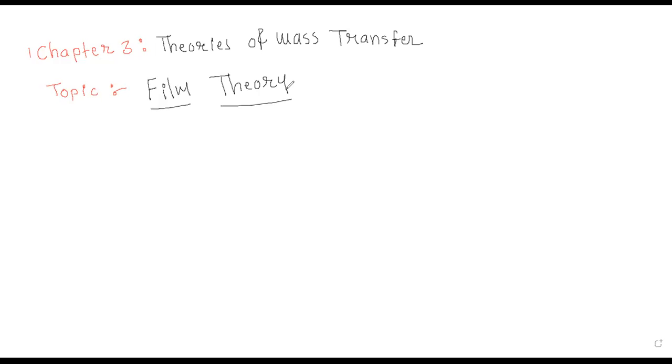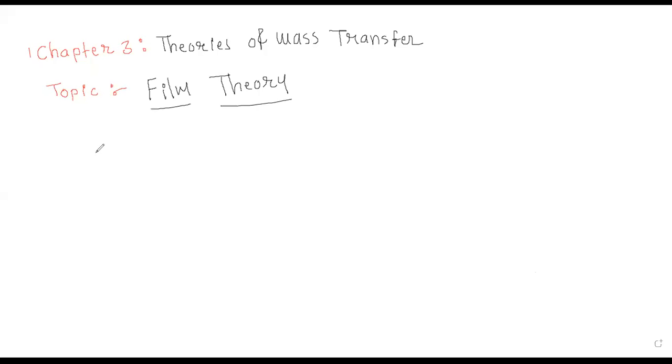Okay, so in film theory we said the concept of boundary layer. In other words, what we said in the previous lecture, for example, we have a solid material and the fluid is flowing in a turbulent flow.